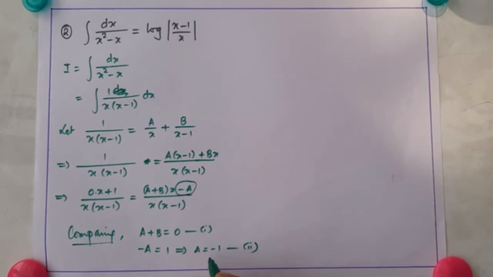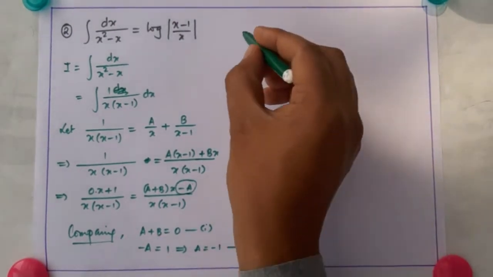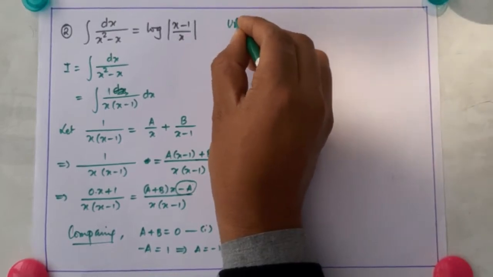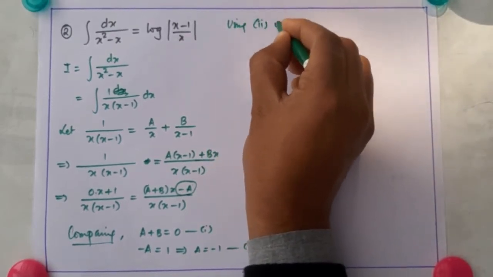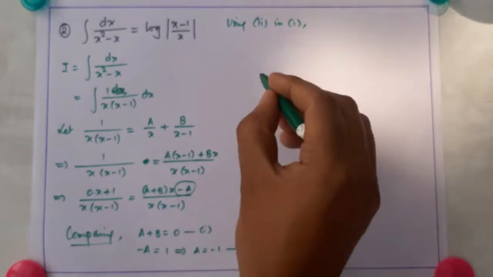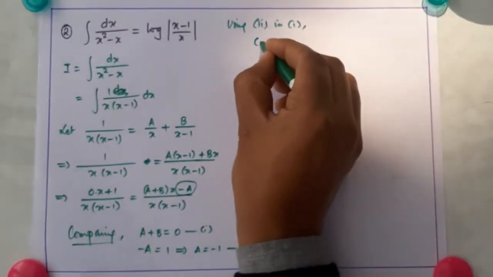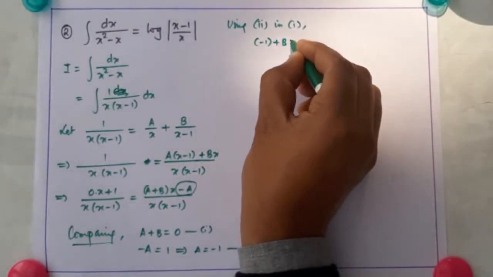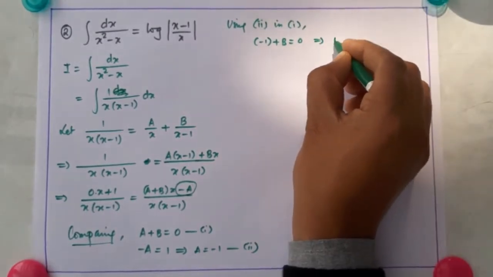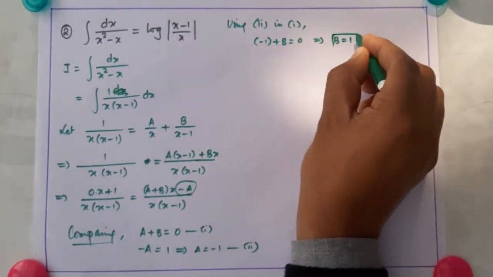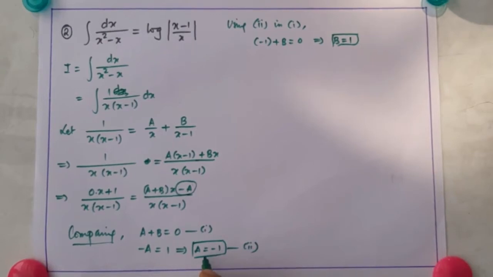Now you have got the value of a, isn't it? Can't you find the value of b using 1? Yes, so using 2 in 1, we have a is minus 1, so minus 1 plus b is equal to 0, which gives you b is equal to 1. So we got the value of b and we got the value of a as well.